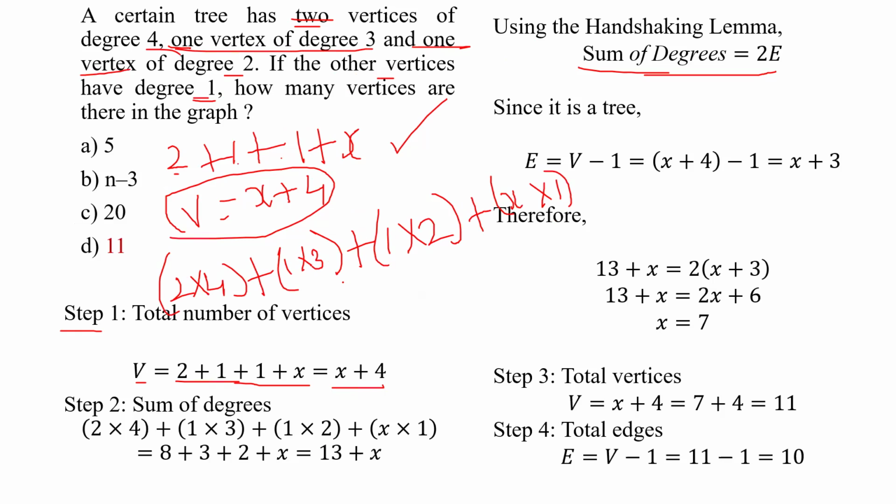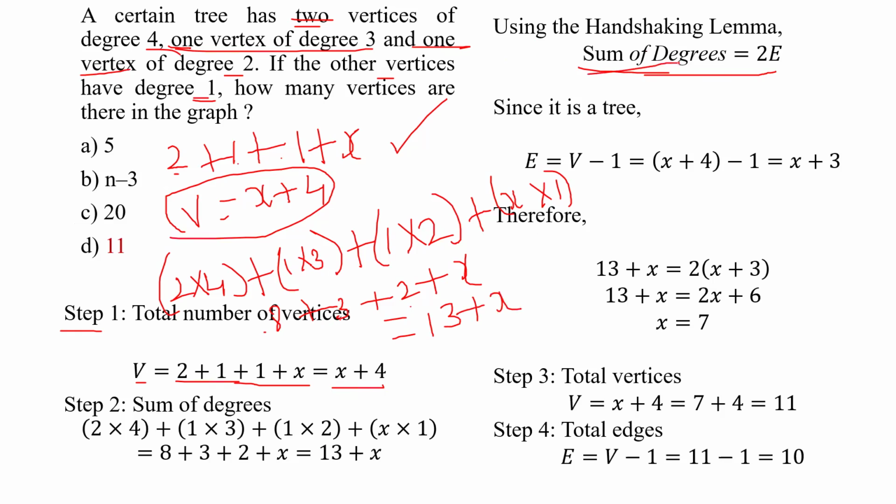Now 2 into 4 is 8, plus 3, plus 2, plus x. 8 plus 3 is 11, and 13. So it's equal to 13 plus x. This is the sum of degrees.